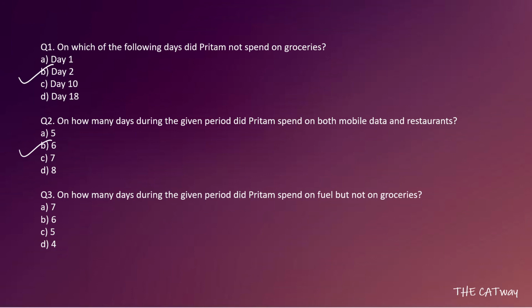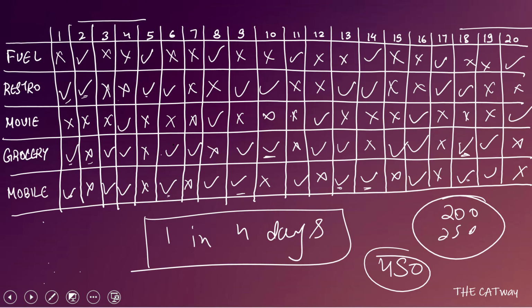Okay. Come to the third question. The third question says, on how many days during the given period did Preetham spend on fuel but not on groceries? So spent on fuel is day 2. He did not spend on groceries, so that is 1 day. Okay, day 2. Then he spent on day 5.